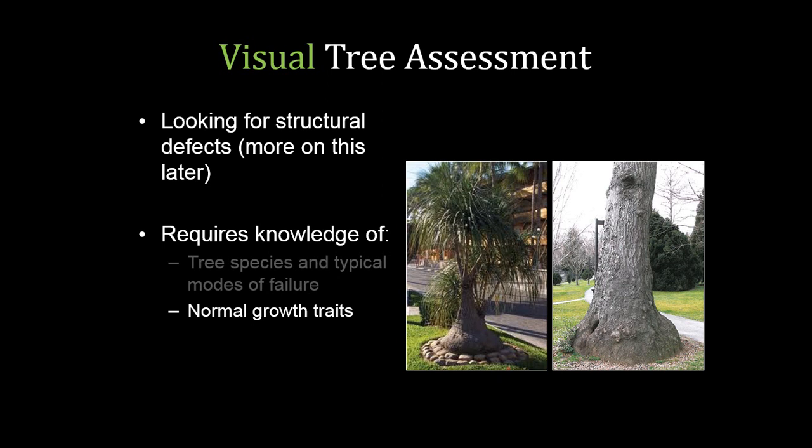The tree on the left is a ponytail palm, essentially a giant asparagus plant, and you can see that it has a swelling at the base of its trunk, and that's normal for the species. When you look at this hardwood tree on the right, that we call the dreaded elephant foot, that's a swelling at the base of the trunk that is often an indication that there's root rot and root damage.